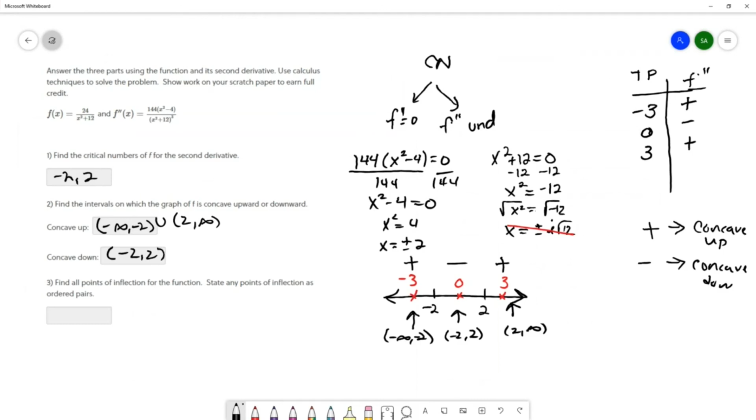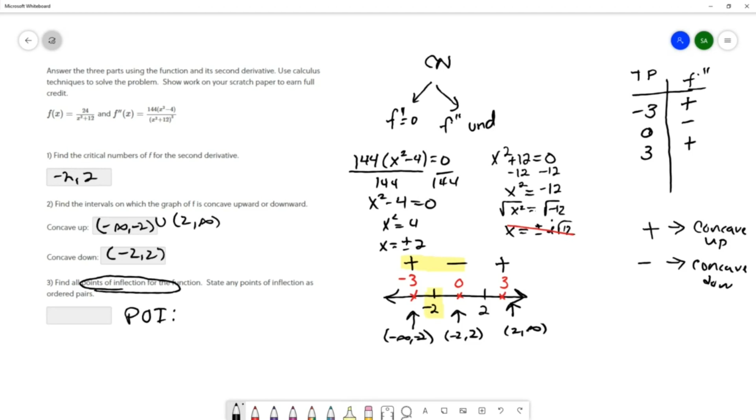And then we want to look for points of inflection. And points of inflection occur when there is a change in concavity. So we can see that right here we have a change in concavity from positive to negative, so that means that critical number is a point of inflection.